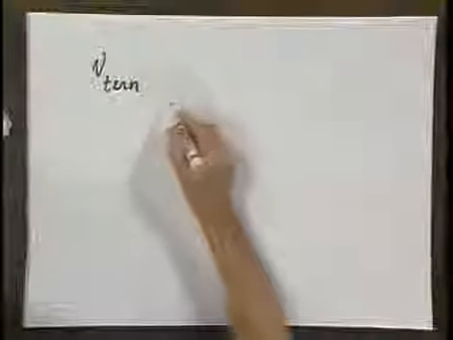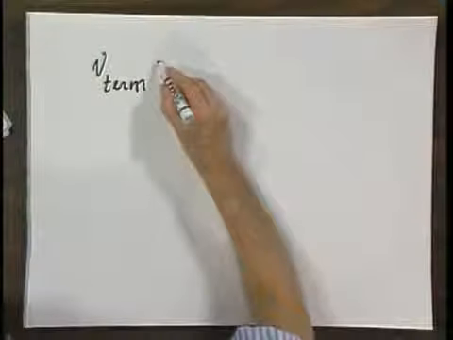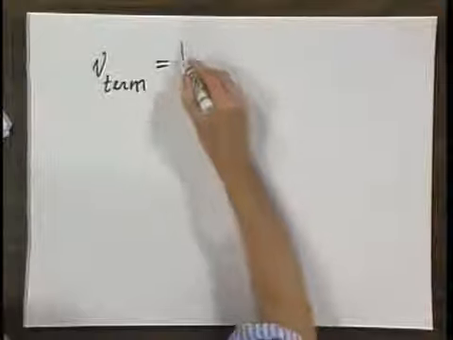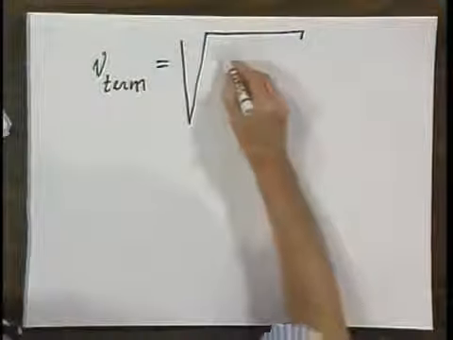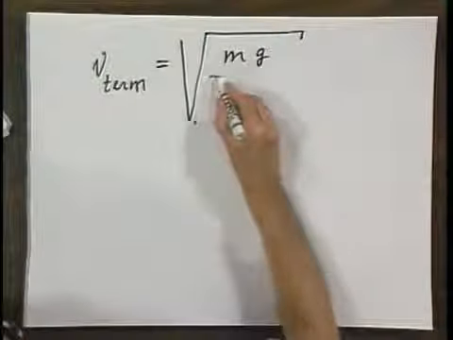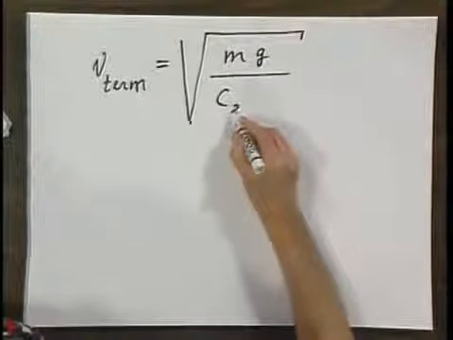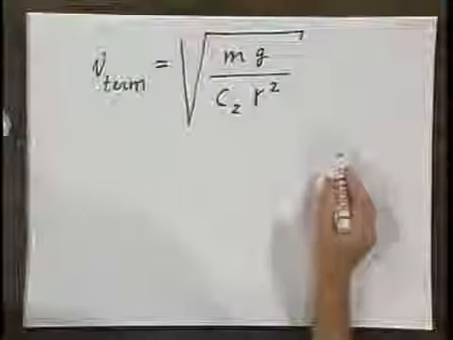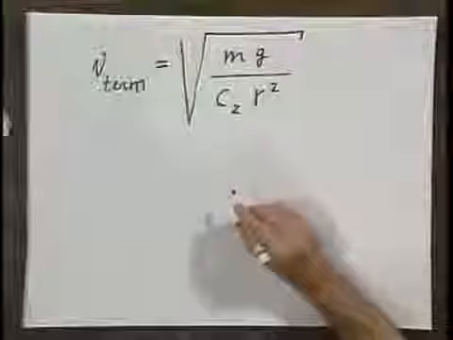Terminal velocity, in the case that the v squared term dominates, is the square root of mg divided by c2 r squared. We deal with spheres.